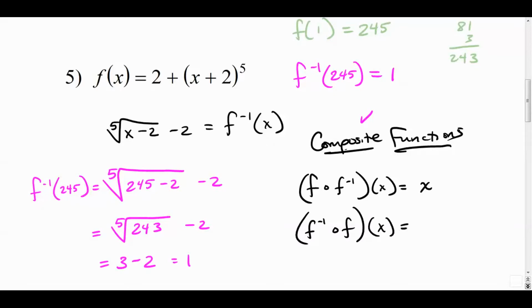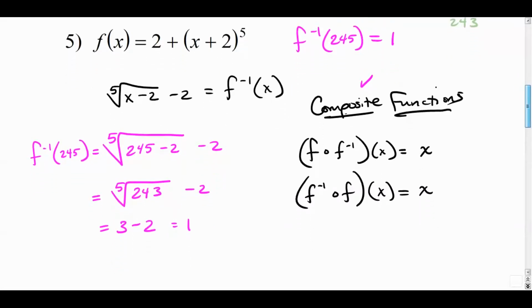Remember, when we compose functions, the operation itself is not commutative, which means you can't just reverse the order normally, but for inverses it should hold true. So no matter what order you do your composite, you should get the same thing, and that thing should be x every single time. That's not just true of example 5, that should be true of every function and its inverse. So let's check it.